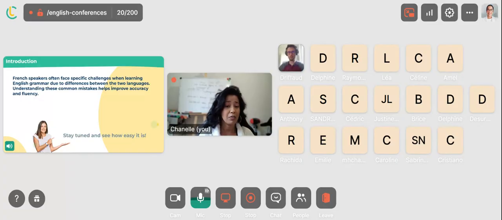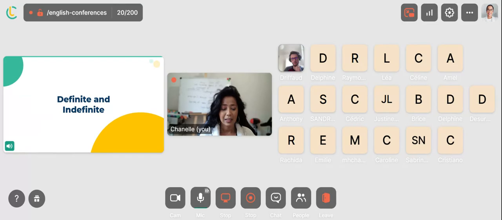French speakers often face specific challenges when learning English grammar due to differences between the two languages. Understanding these common mistakes helps improve accuracy and fluency. So stay tuned and see how easy it is. Let's begin with our first part, the definite and the indefinite.